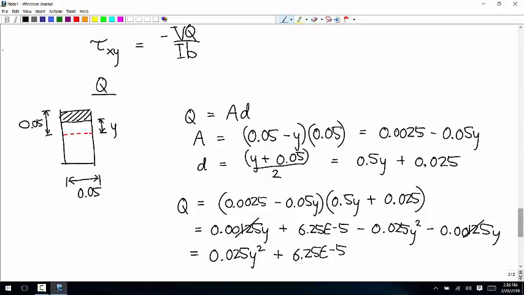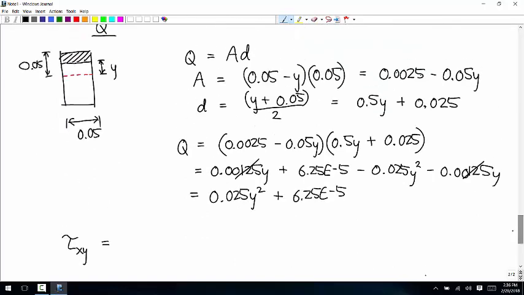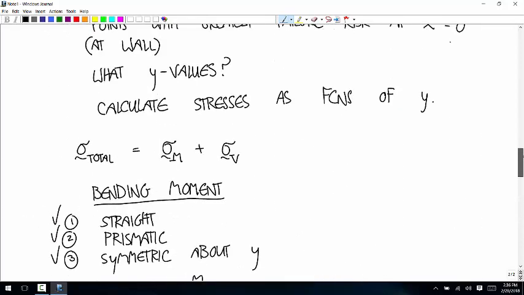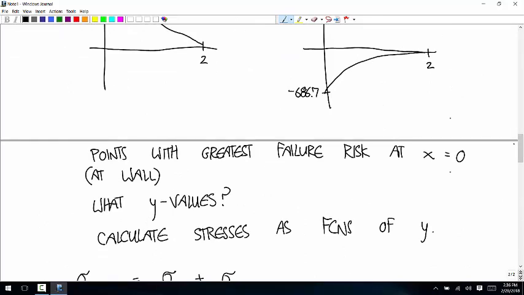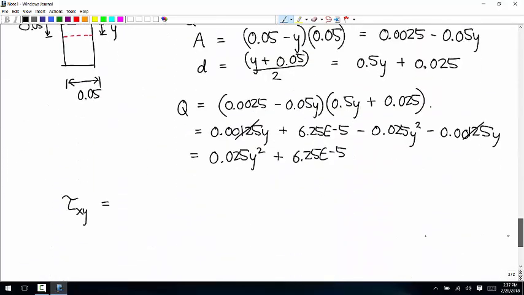And now tau xy is equal to this. That's Q, times V, which is positive 686.7.